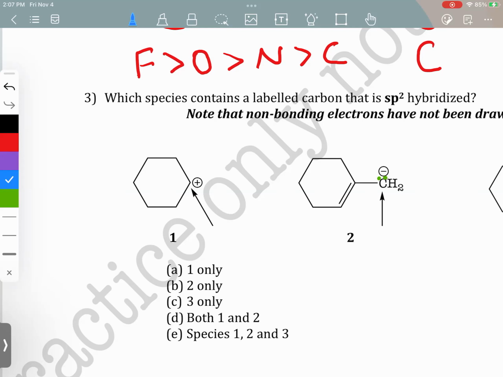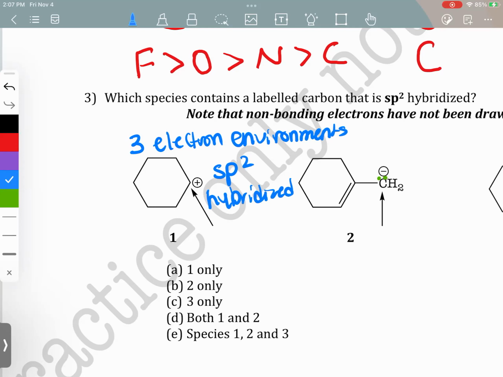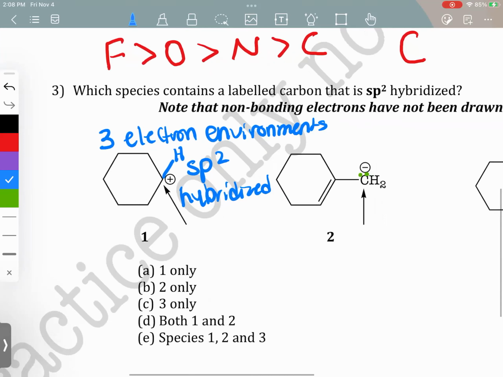There should be 3 of them, so it's sp2. 3 electron environments. That means this carbon is in fact sp2 hybridized, because we always have to remember the hydrogens that are not included in the skeletal structure. So just draw a hydrogen in. There are no lone pairs on the C. It's positively charged. So far, 1 is sp2 hybridized.